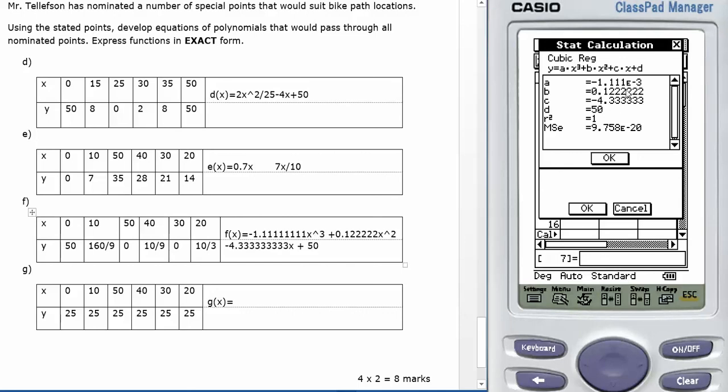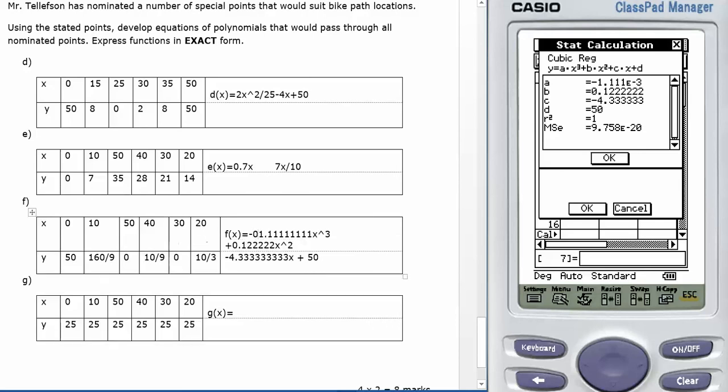Okay, so this is giving me decimal rounded answers. However, I do note that I have repeating decimals. I've got negative 1.111111111 to the power of negative 3. So that is negative 0.001111 because the decimal point's been moved 3 places to the left.